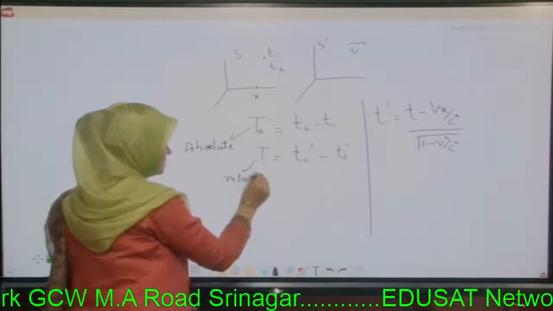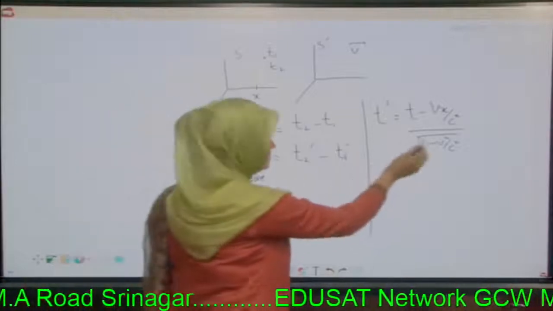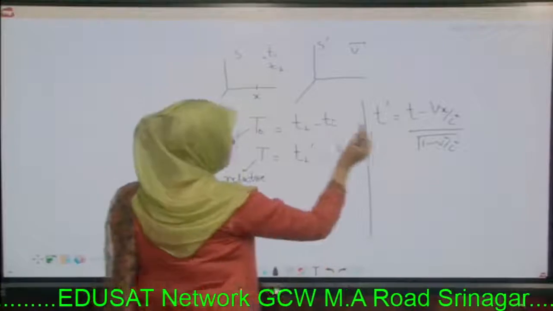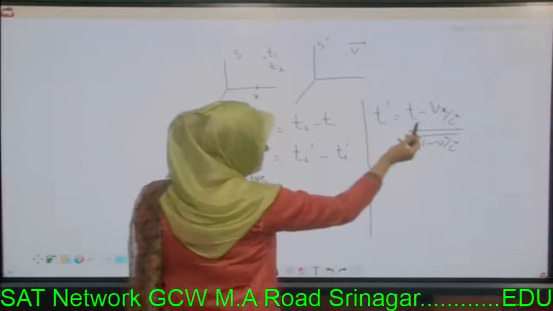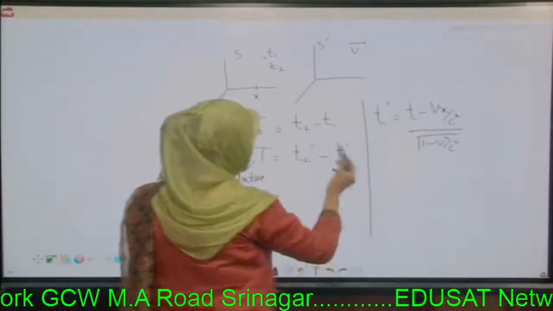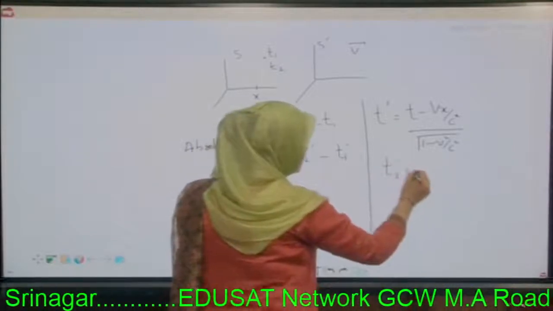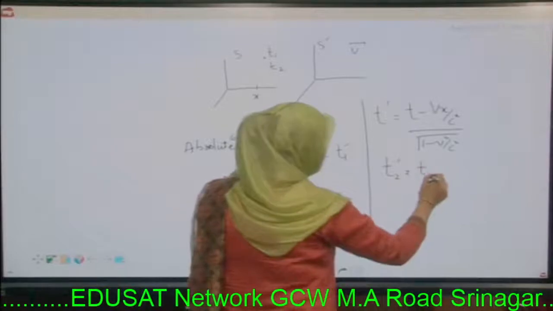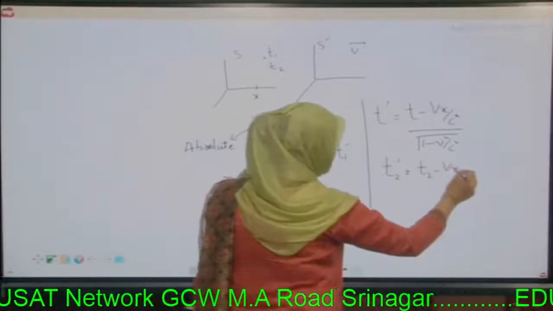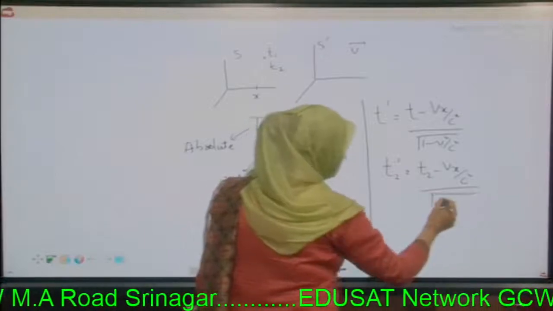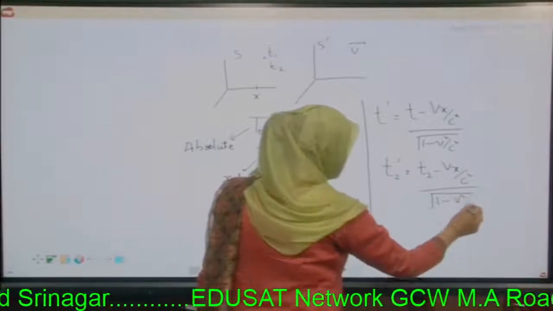Now we need to connect these two equations, right? So for t2 dash, let me write it on the side: t2 dash is equal to t2 minus vx by c square, divided by square root of 1 minus v square by c square.